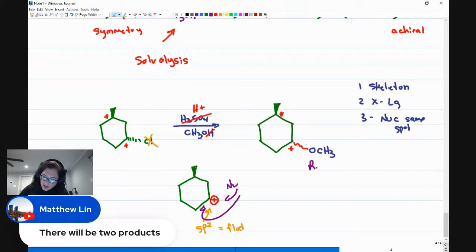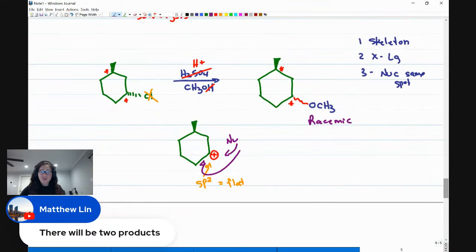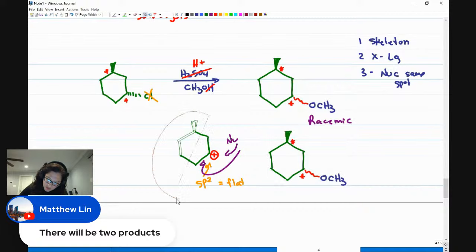And so the product is going to be racemic, where 50% of your nucleophile chiral positions will be R and 50% will be S. And in this case, your professor may also ask you the relationship between the 2 molecules. If I have one that is R and the other one that is S, what is the relationship between these 2 molecules?